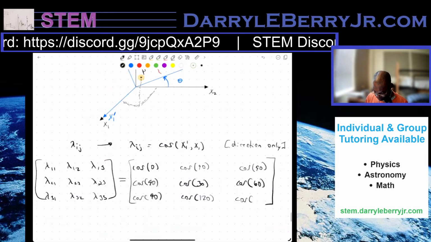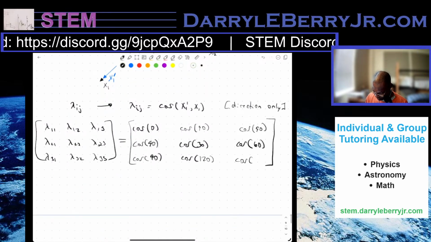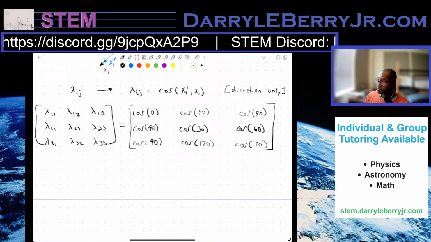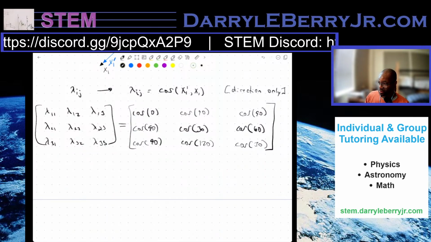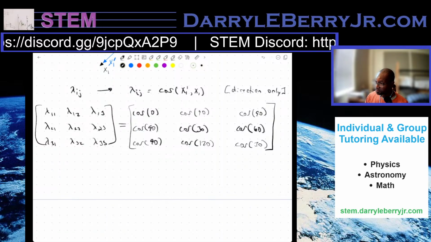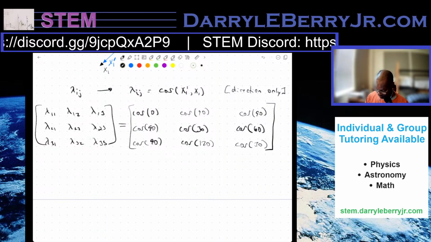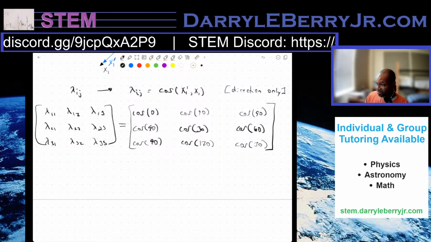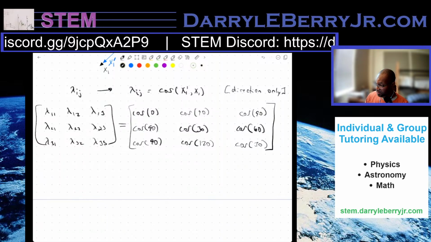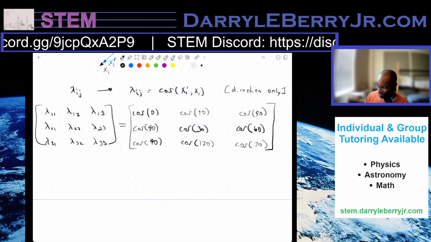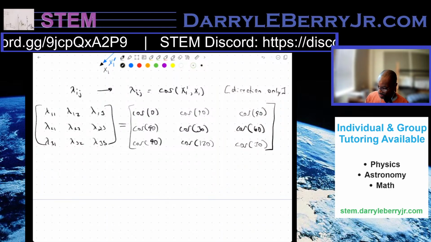And cosine x3 prime and x3, that's 30. So I'll check these and see if that's what they get. 0, 90, 90, 90, 30, 60, even though they still did the cosine of 30.